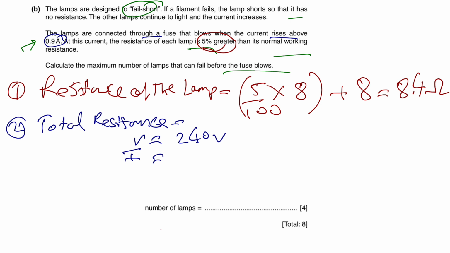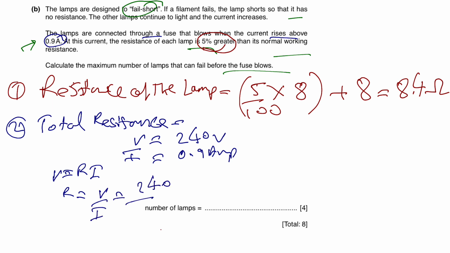So the current is 0.9 ampere. We can find the resistance using Ohm's law, V equals Ri, so R equals V upon I. That is 240 upon 0.9, which gives 266.67 ohms.